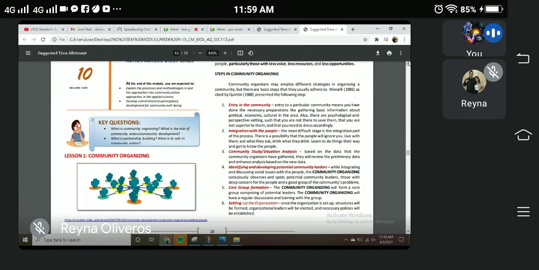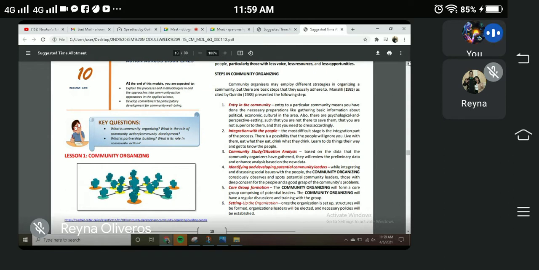Step number 3 is community studies or situation analysis. It is because you have to base it on the gathered information about the community. You have to enhance the analysis based on new data or information.